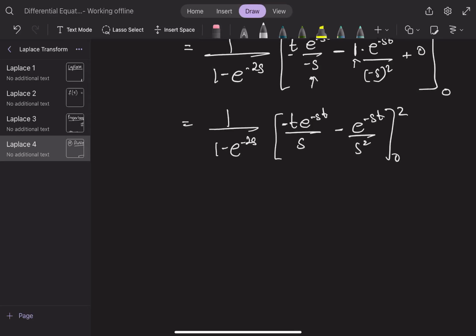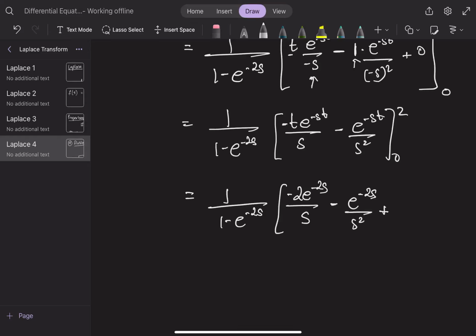So let's put t as 2. 1 upon 1 minus e raised to minus 2s, times [minus 2 e raised to minus 2s divided by s minus e raised to minus 2s divided by s square plus 0 plus 1 by s square].